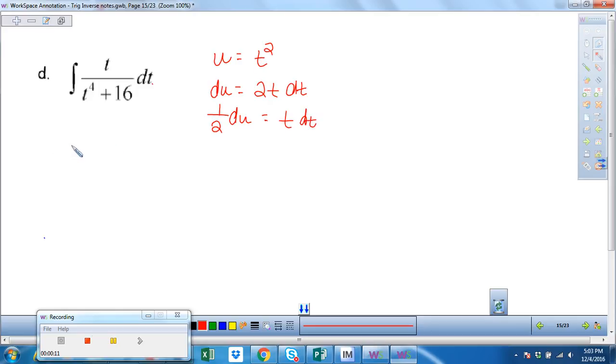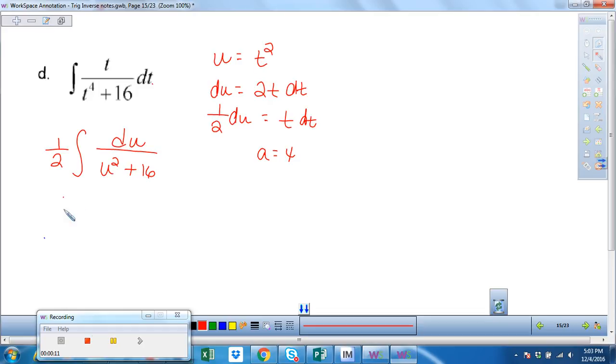So how do I rewrite this? I have 1/2 du, and I have u squared plus 16. Well, a is 4, of course.